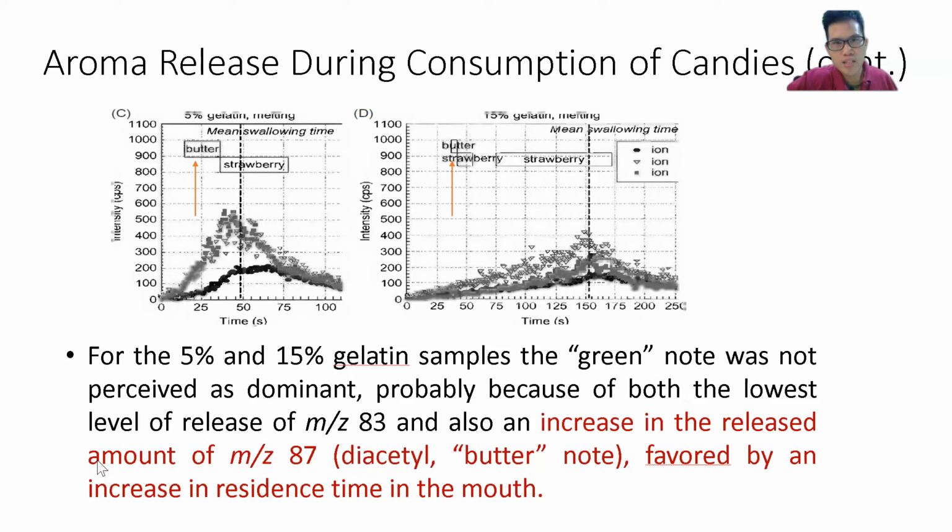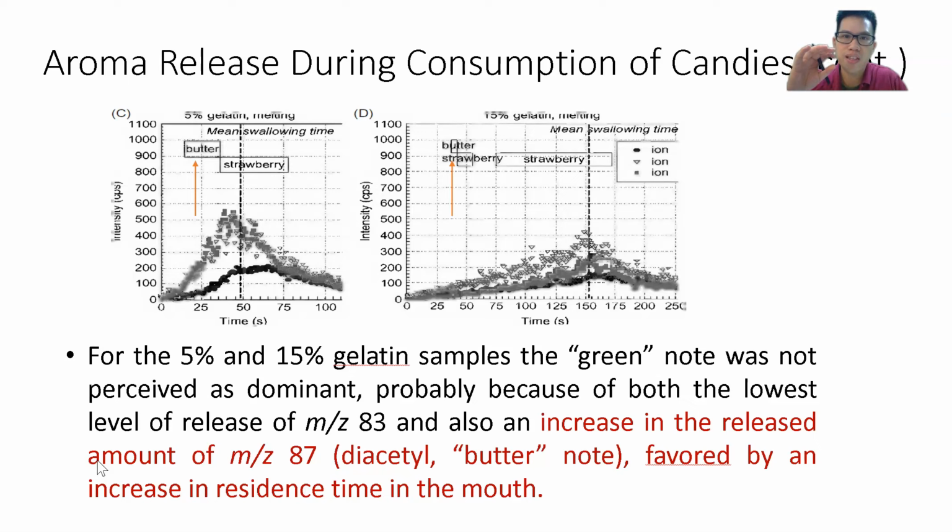So you can see it's a very useful insight that even though the three flavors have the same concentration, differing the amount of gelatin resulted in a different residence time in your mouth. As you chew more before you swallow, the order of the flavors can reverse.